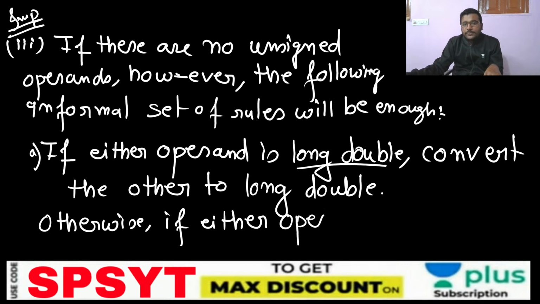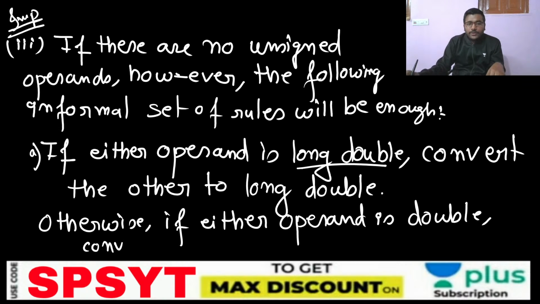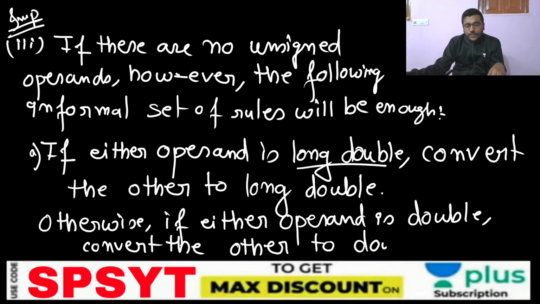if either operand is double, convert the other to double. So if either operand is double, then convert the other to double.